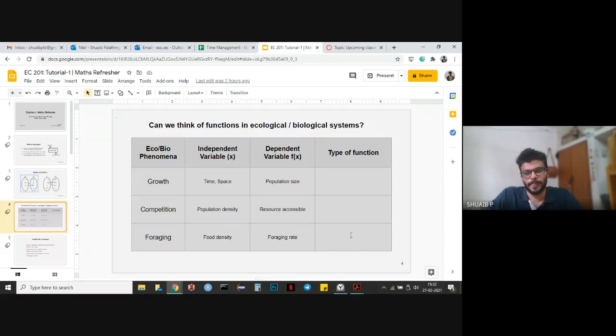So what would be the simple relation that we could think of for how the foraging rate would change with food density?